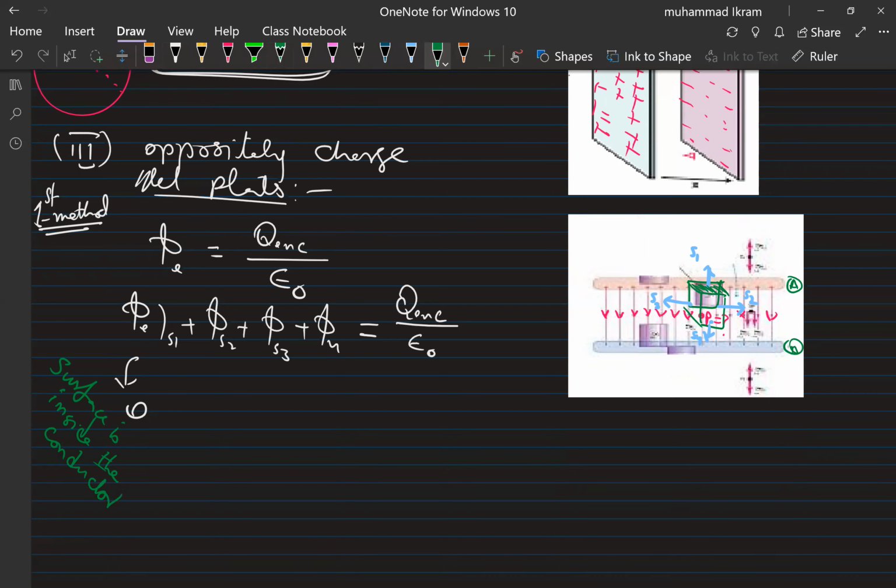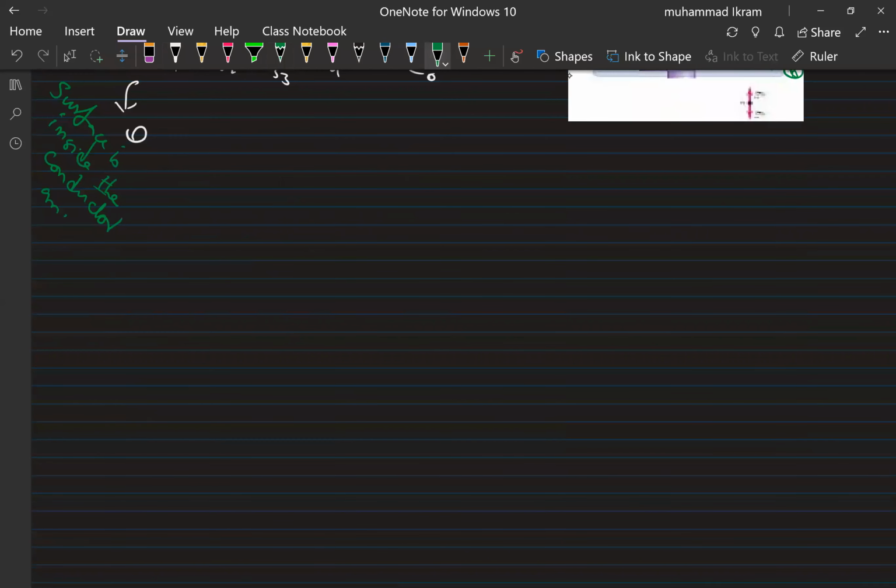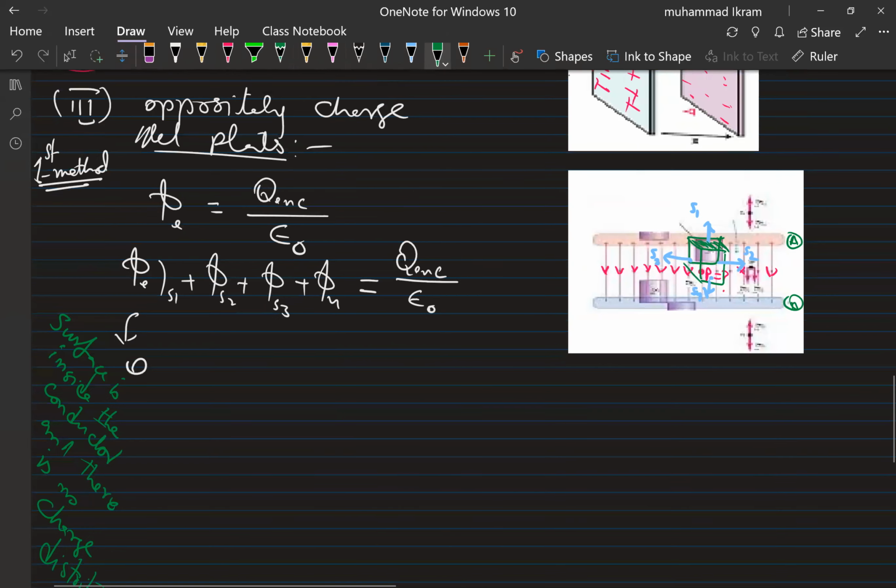And you know there is no charge distribution at the interior of the conductor. It encloses no charge. This is the first case we have done, right?